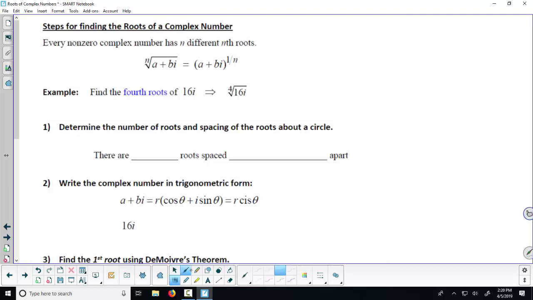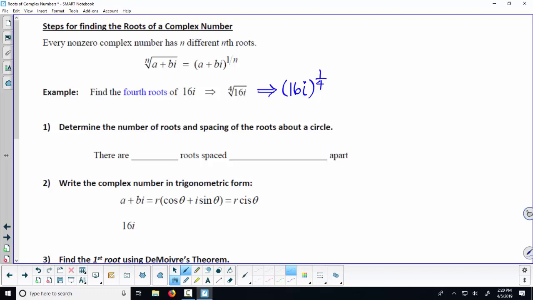So, for example, I want the 4th roots of 16i, which means I want to take the 4th root of 16i. Because 16i is a complex number, a non-real number, we can't take roots of non-real numbers algebraically. We're going to write 16i in trig form and then raise it to the 1/4 power. Knowing that the 4th root, remember, is a 1/4 power.